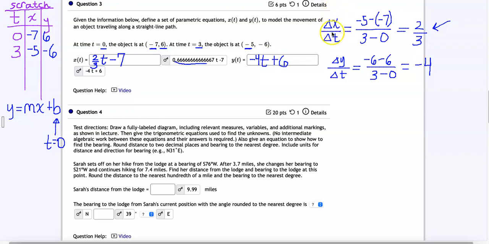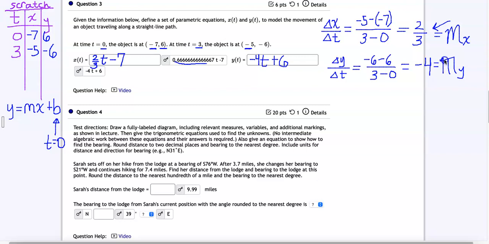Now you may not be comfortable using delta x, delta t. If instead you just want to label this m, that's okay, but you do need a subscript of x to differentiate the two. So one slope can be m sub x, the other slope is going to need to be m sub y. That's supposed to be an M and not a pitchfork.